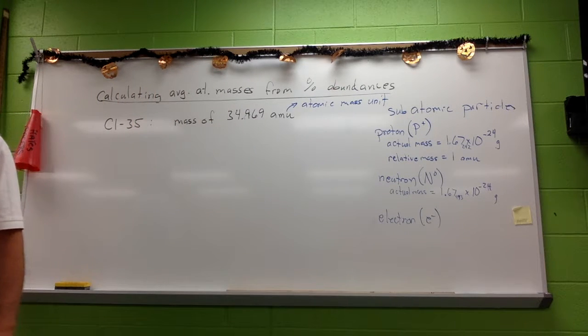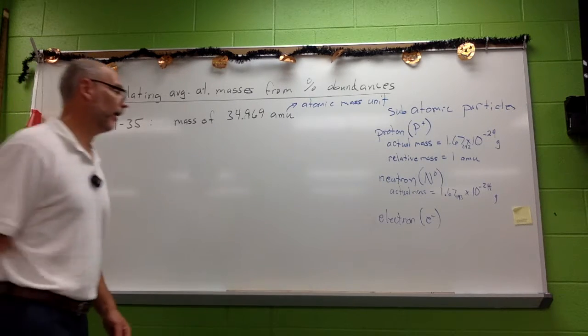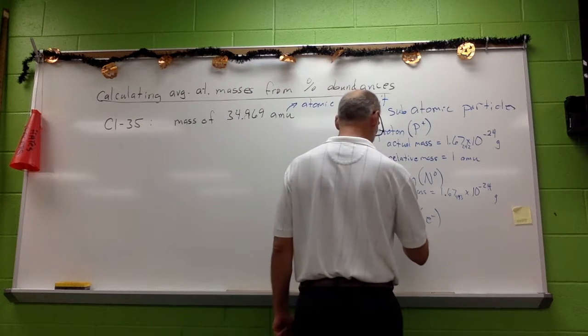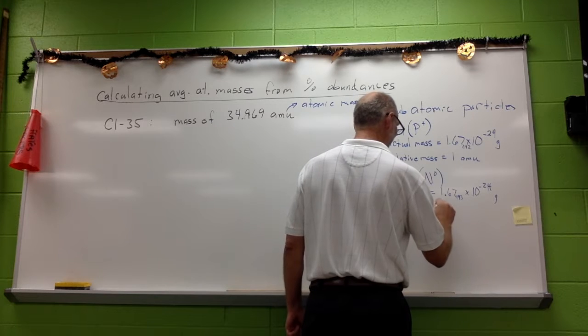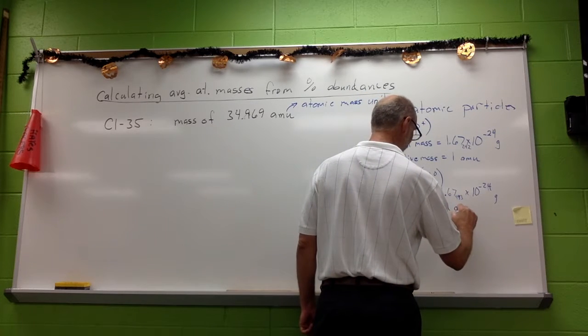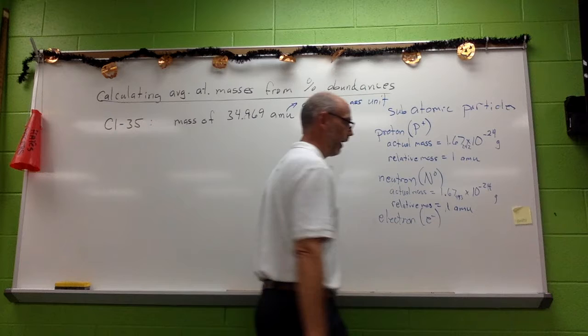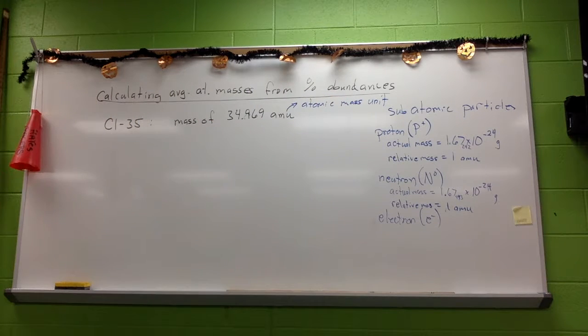So it is slightly more massive, but barely. And relative mass? Anyone want to take a stab? To one significant figure especially, it is also 1 AMU. This is why when I'm giving you the mass numbers, they're whole numbers. Proton has a mass of 1, neutron has a mass of 1.